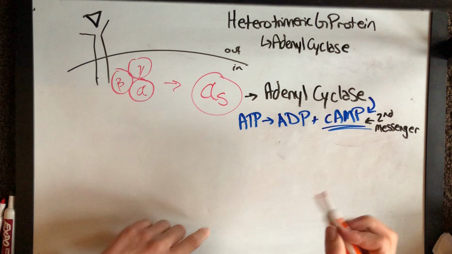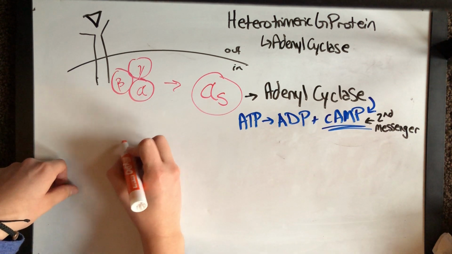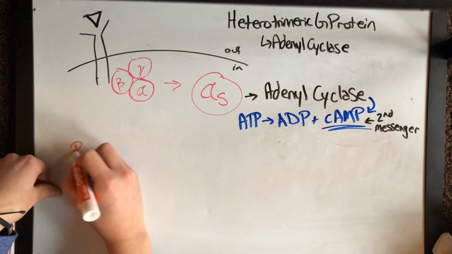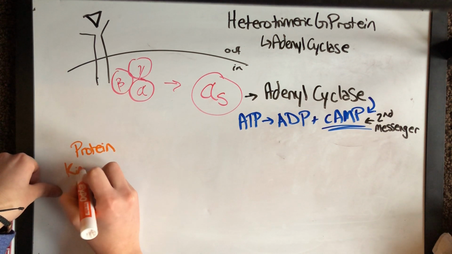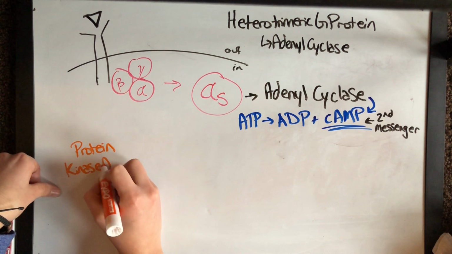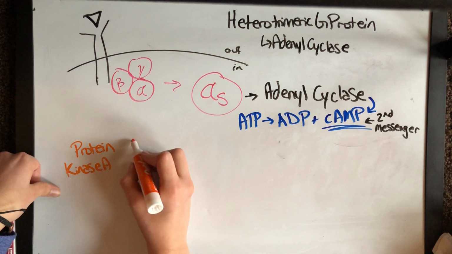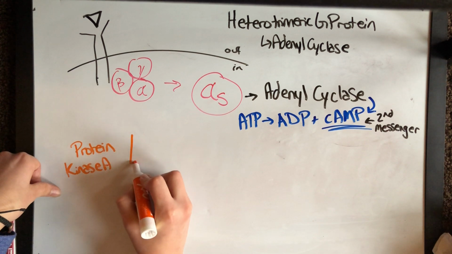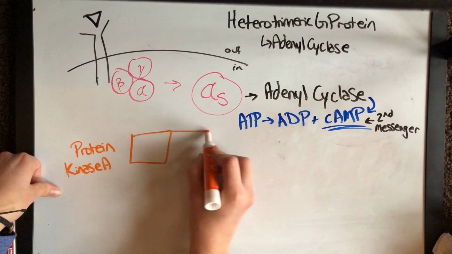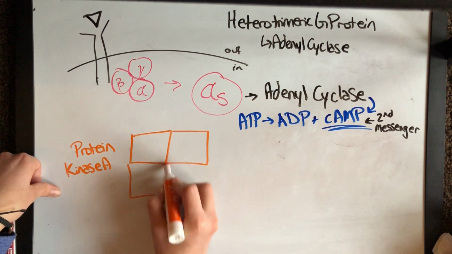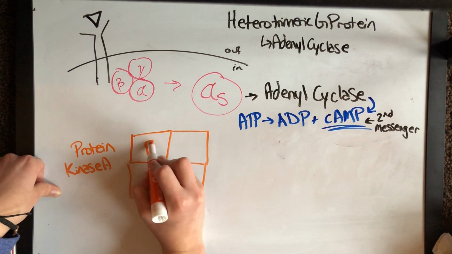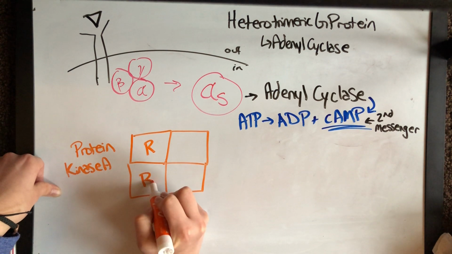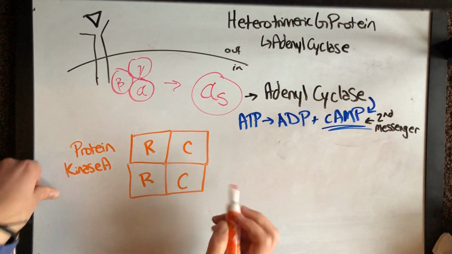So down here, we're going to have our protein kinase A. Okay, so draw like 4 boxes. 2 of these boxes are regulatory subunits, and 2 of them are the catalytic subunits.